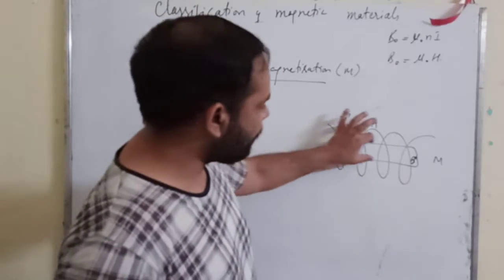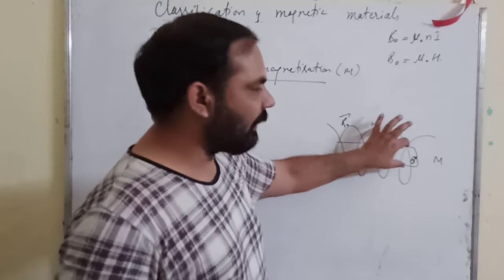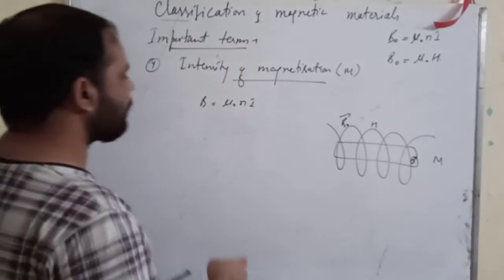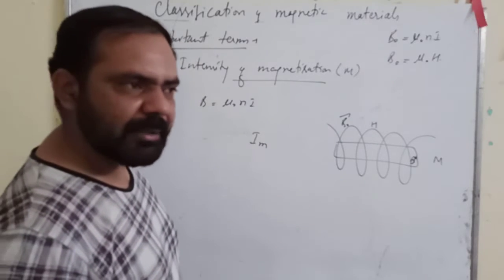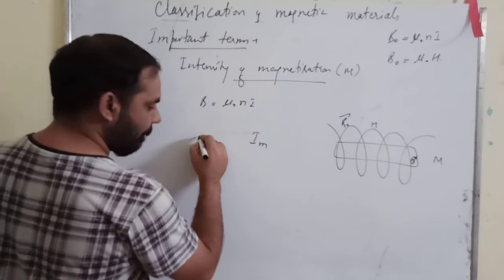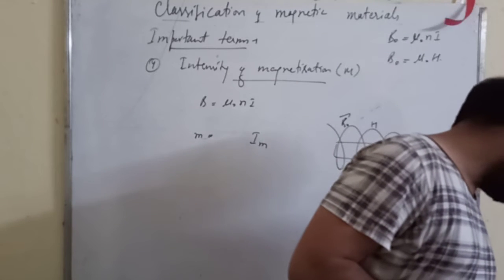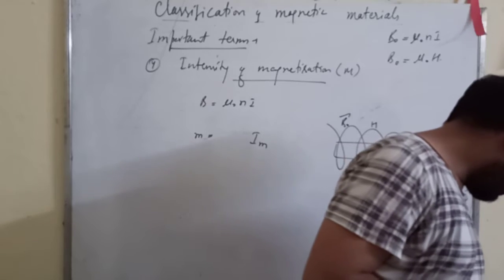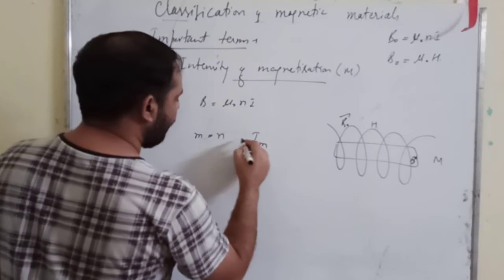So here this material is magnetized. If a magnetic field is there, then we can say that some current is flowing through the material, and let us suppose that current is Im, the current due to magnetization of the material, right? So how much will this M be? M is equal to N Im, just a minute.